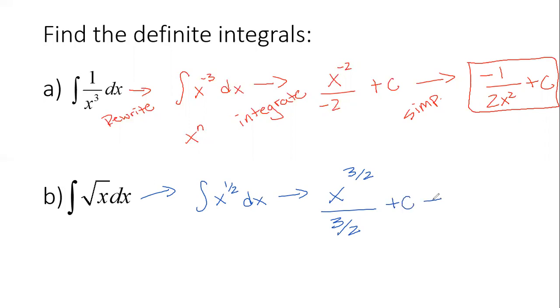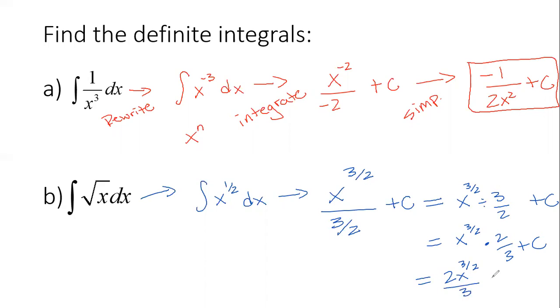So this is the same thing as x to the 3 over 2 divided by 3 over 2 plus c. So we have x to the 3 over 2 multiplied by 2 over 3 plus c. And our integral is going to be 2x to the 3 over 2 over 3 plus c. And that's what we're looking for.